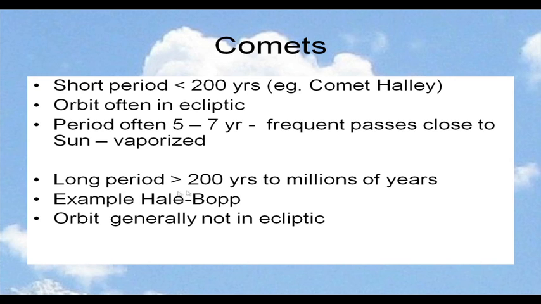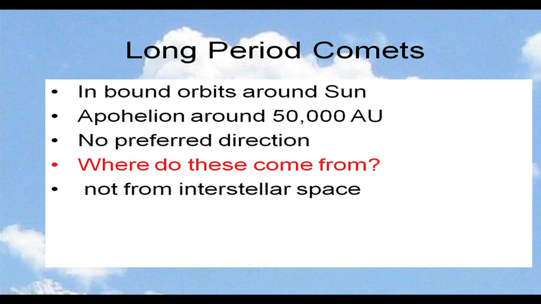You also have long period comets whose periods could vary between 200 years to a million years. We just saw an example, the Hale-Bopp comet, which has a period of 2500 years. And these are typically off the ecliptic. So, let us look at this picture again.